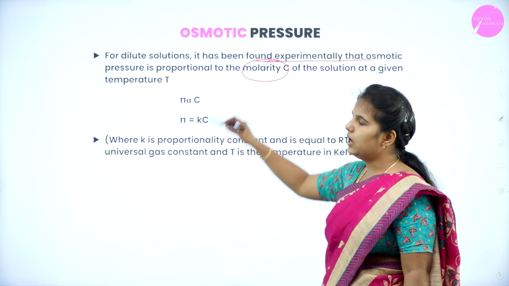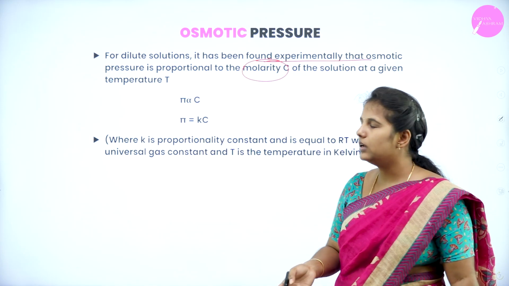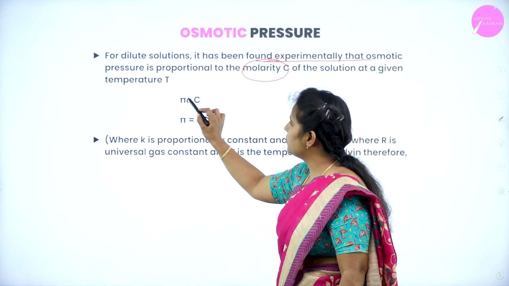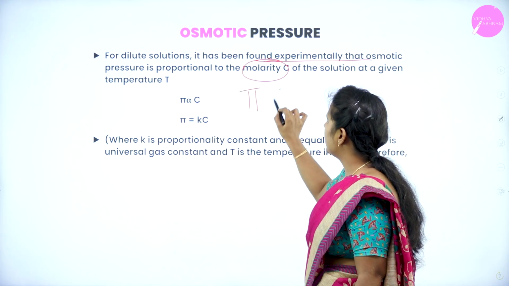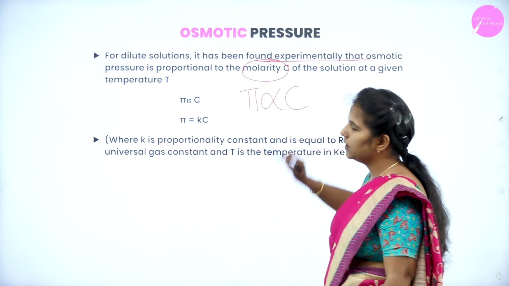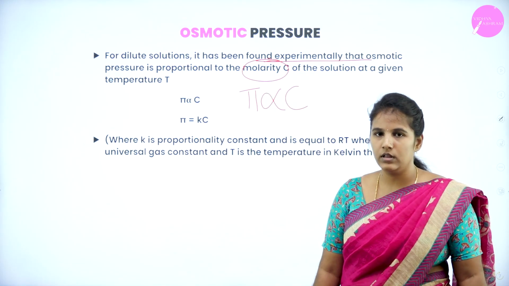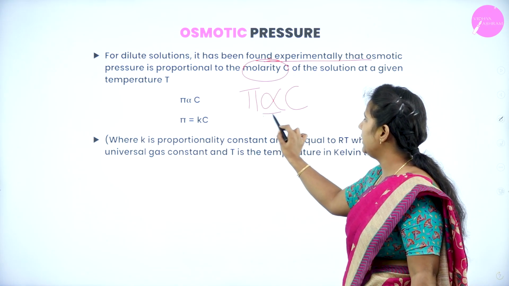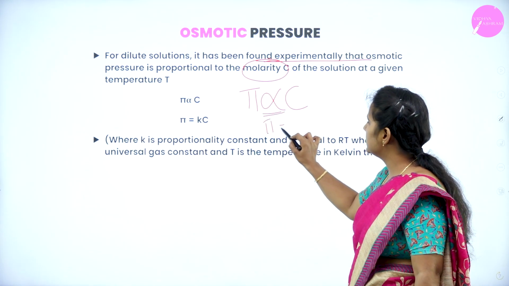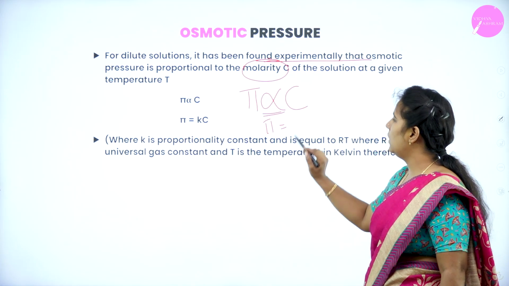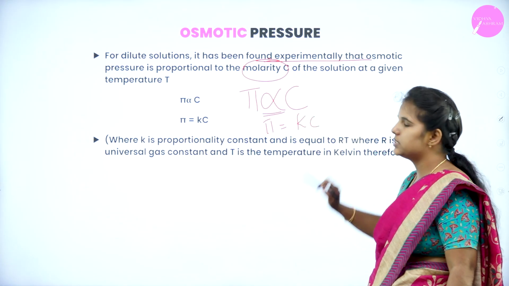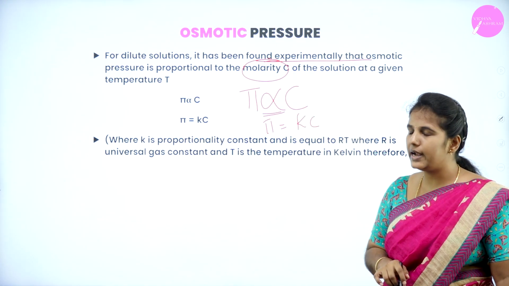So I can write osmotic pressure directly proportional to C, that is nothing but molarity. To remove this proportionality, I can write osmotic pressure equal to K into C, where K is a proportionality constant.